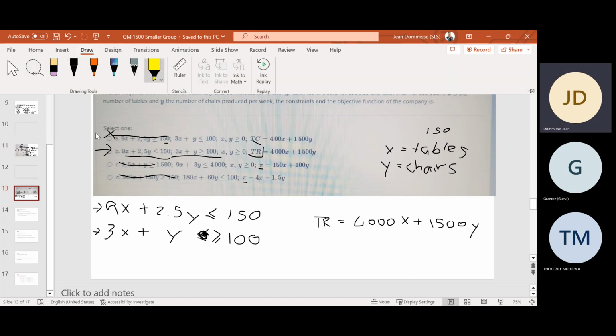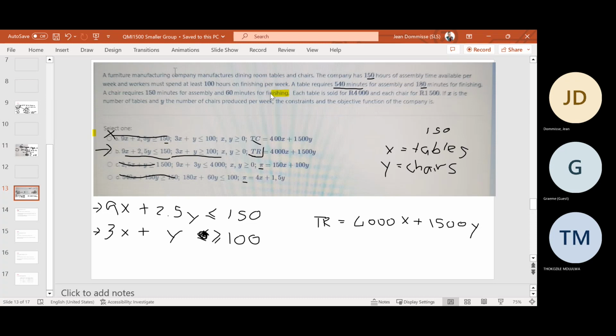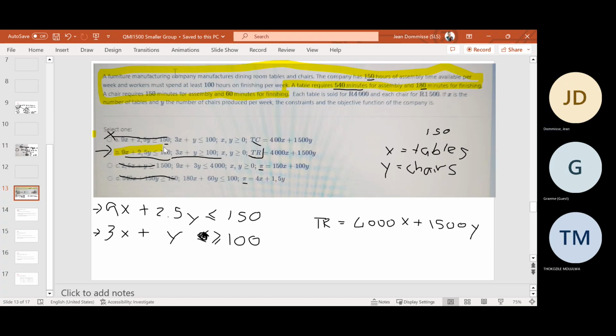So out of this part, you should have been able to nearly get to that. But that part you would not have done, which is a bit of a strange one, why they added it.